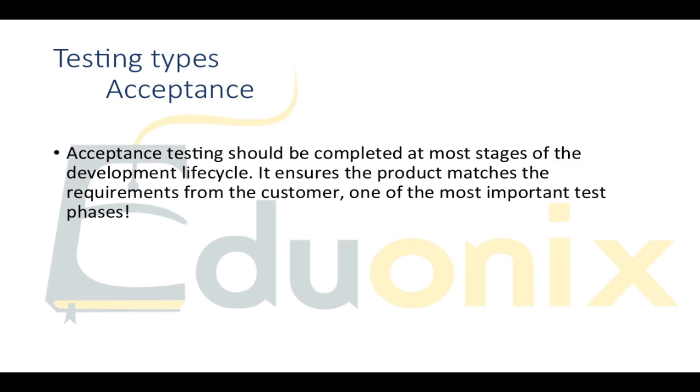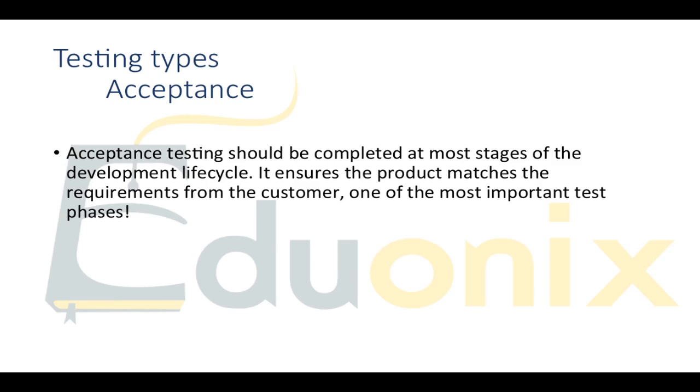Acceptance testing is conducted to determine if the requirements of a specification or contract are met. Software developers often distinguish acceptance testing by the system provider from acceptance testing by the customer, which is obviously the user or the client, prior to accepting transfer of ownership of the product.